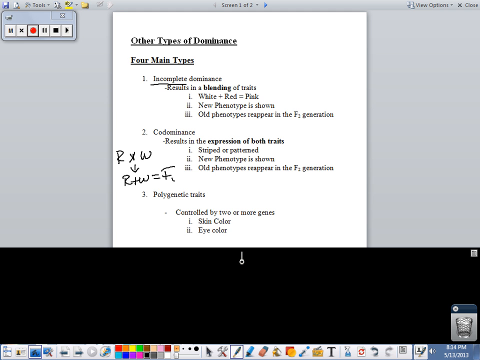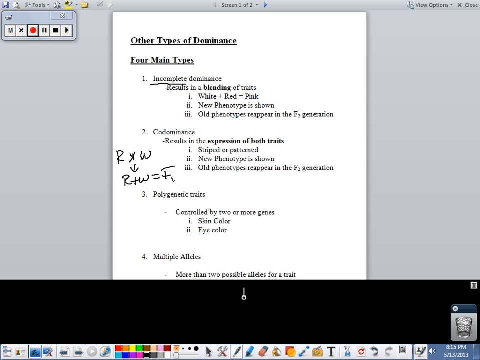So you might have one gene that controls production of one thing, and then another one controls the production of something else, and then those two come together to produce your skin color or your eye color. That's polygenetic traits. Polygenes, more than one. It can be 3, 4. I think height is another example of polygenetic trait. It's more than one thing working together to produce a specific trait.